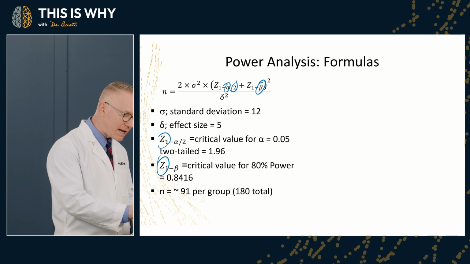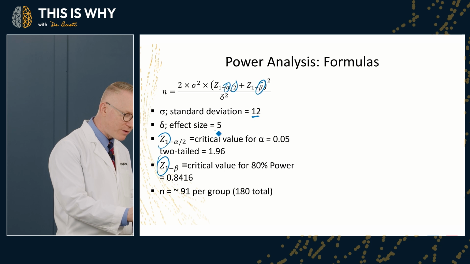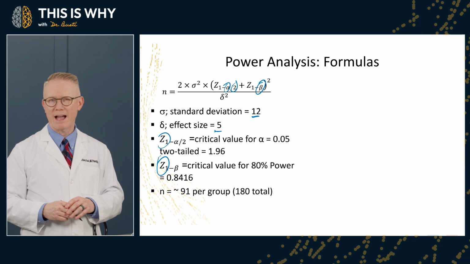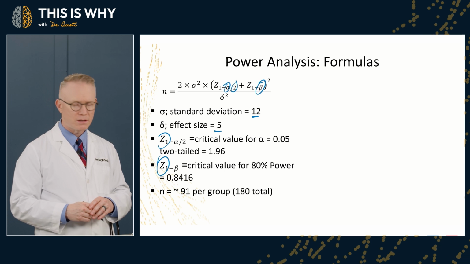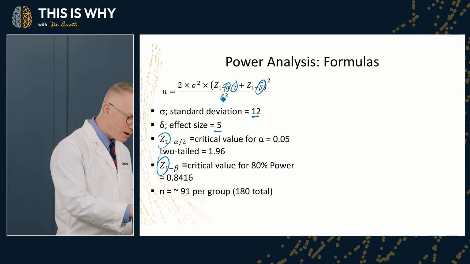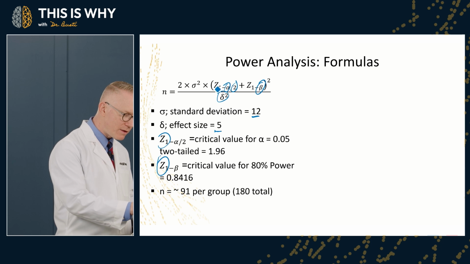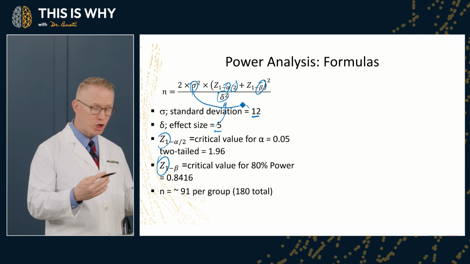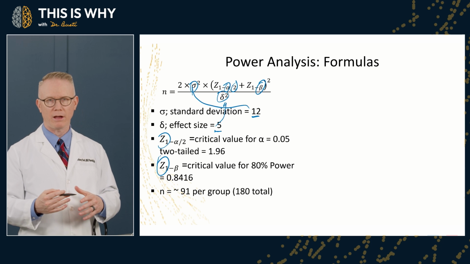So we have our standard deviation, that was the 12. The effect size we were looking for was 5, so that's our delta. You just plug in the numbers. It's not that big of a deal. It just looks complicated and scary.